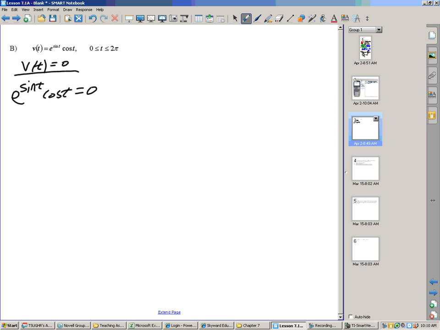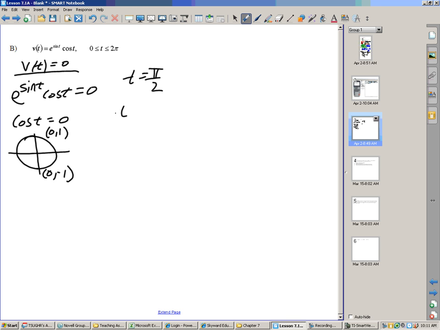When does the cosine of t equal 0? And it's going to be the same 2 points. Okay? So at this point, it's going to be when t equals pi over 2 and when t equals 3 pi over 2.